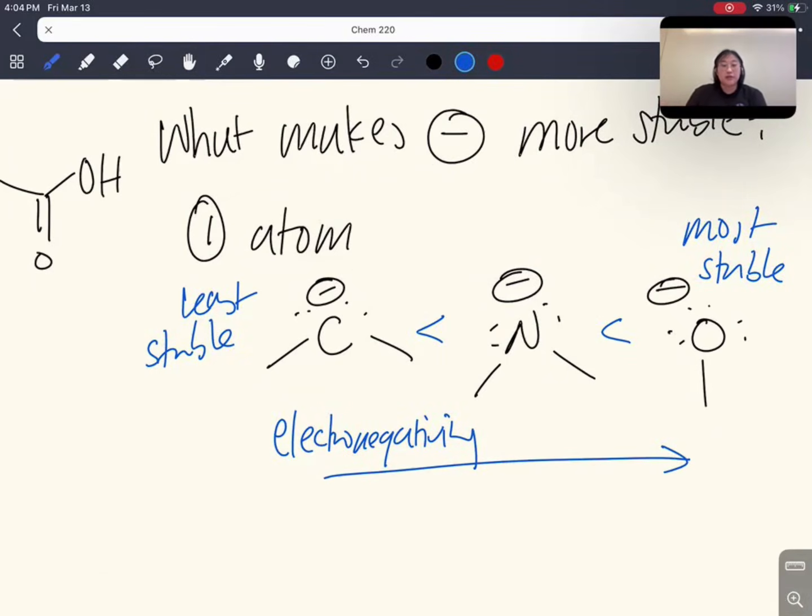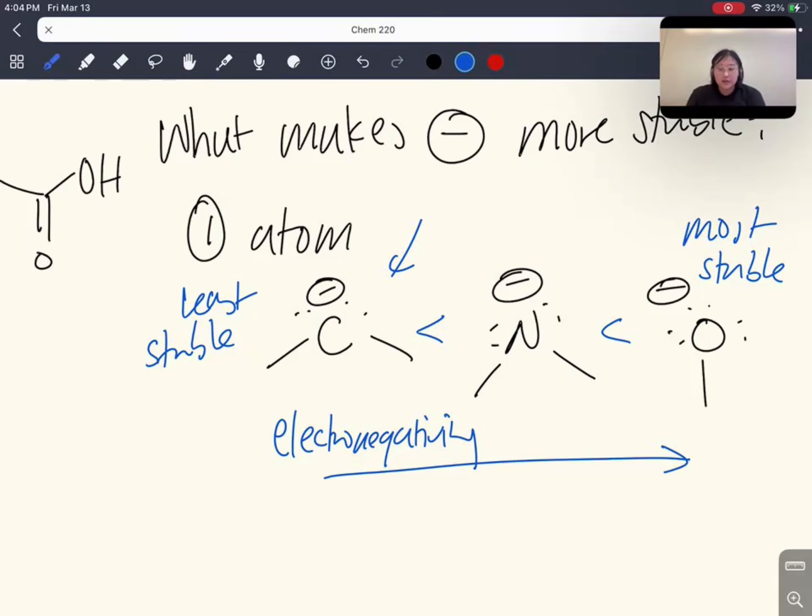And so if we add a negative charge onto an oxygen atom, it's more stable in its conjugate base form versus a carbon. That's why you might find it weird to see a carbon with a minus charge, because we've never seen that in practice really, right? It's not stable for a carbon to have a minus charge, versus an oxygen with a minus charge, which you've seen many times.